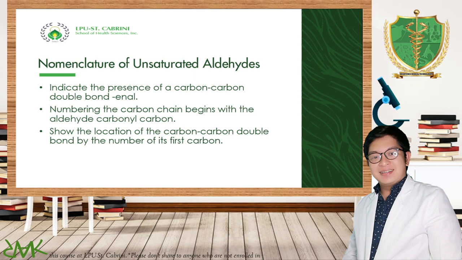Enal means there is a presence of a carbon-carbon double bond. However, if you still remember our discussion in alkenes and alkynes, you have to indicate the location of the double bond. This time, if you were given unsaturated hydrocarbons, you are about to give the location of your carbon-carbon double bonds, not the location of your aldehydes.